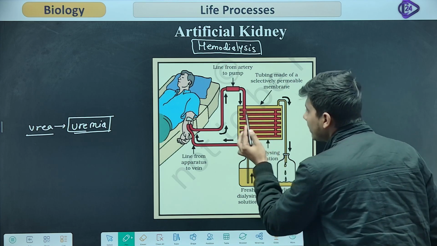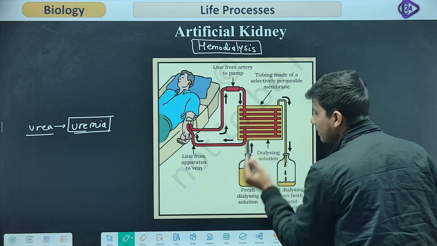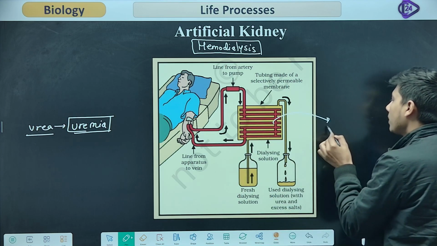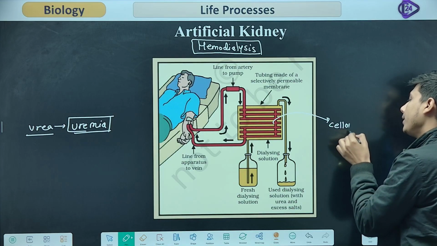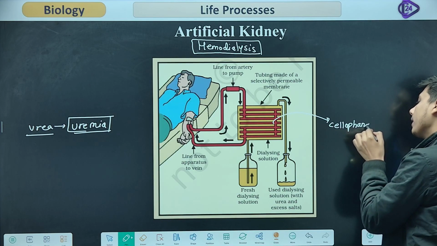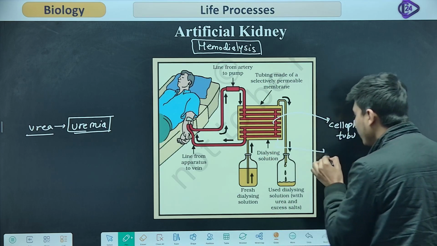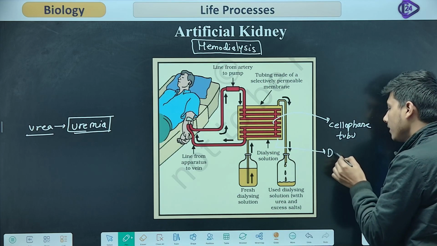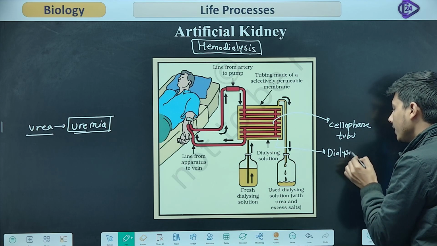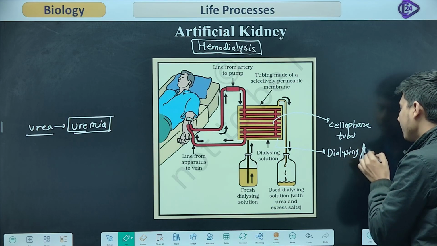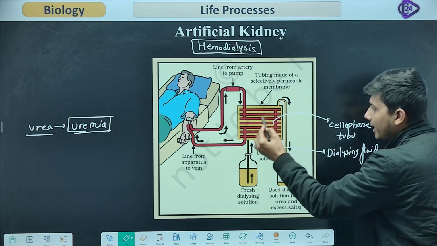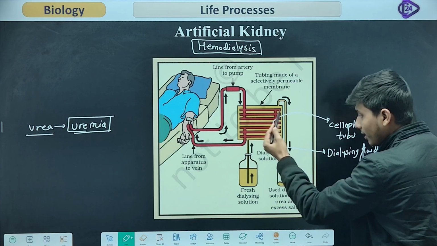In this machine, there is a semi-permeable tube. These tubes are called cellophane tubes. And here, this yellowish fluid is called dialyzing fluid, which is filled in the chamber, and in this chamber these tubes are present.